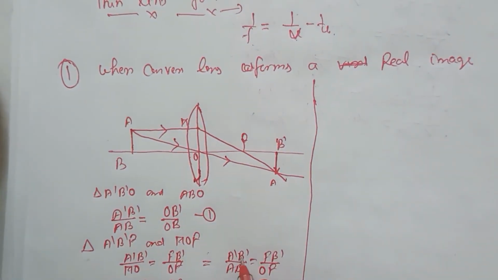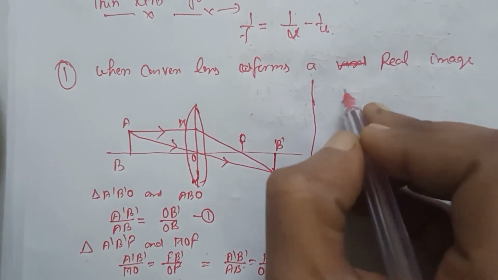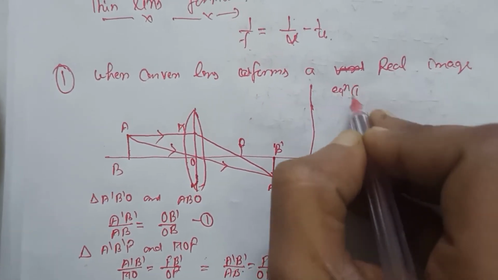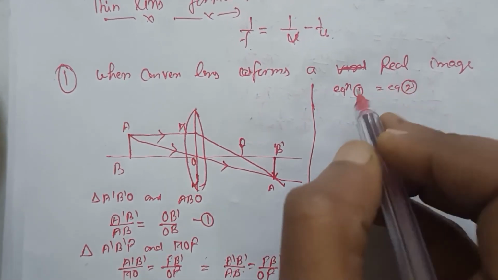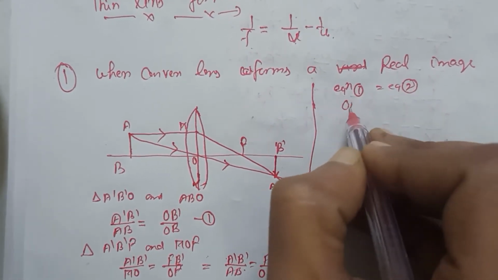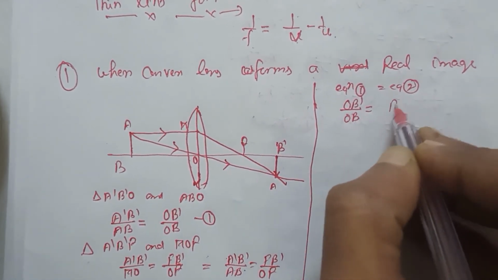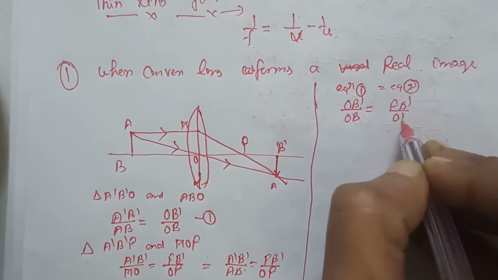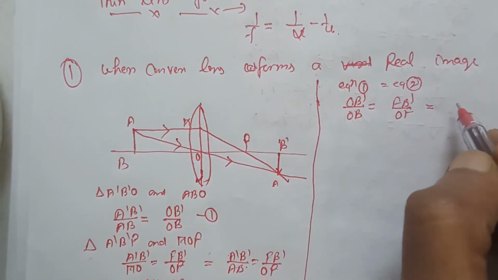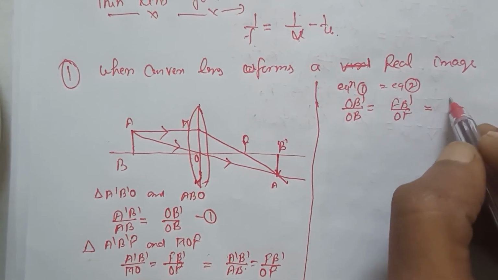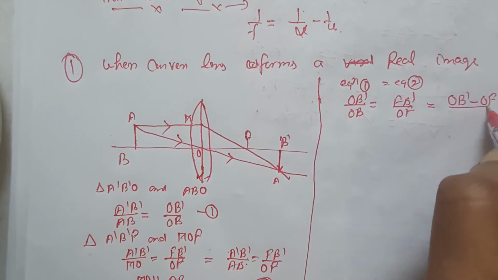Now equating the above equations 1 and 2, that means equation number 1 equals equation number 2. Our equation becomes OB dash divided by OB equals FB dash divided by OF. The value of FB dash can be written as OB dash minus OF divided by OF.